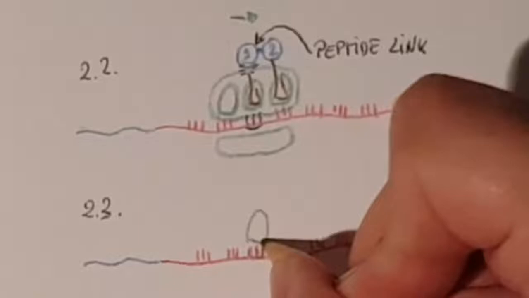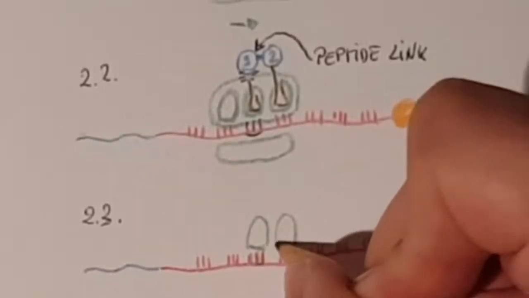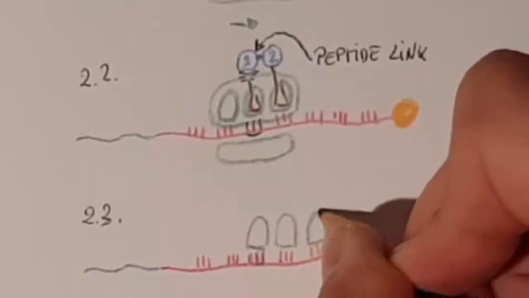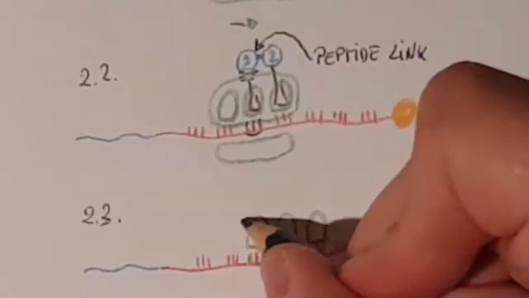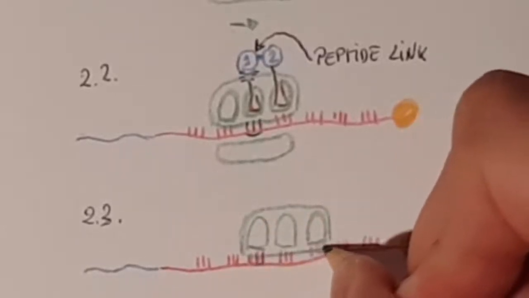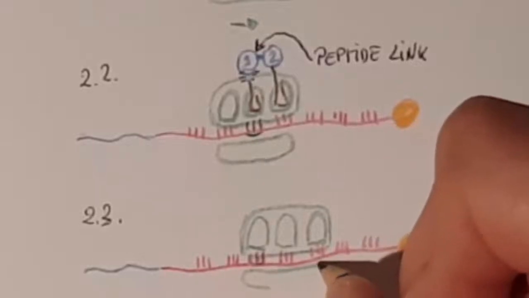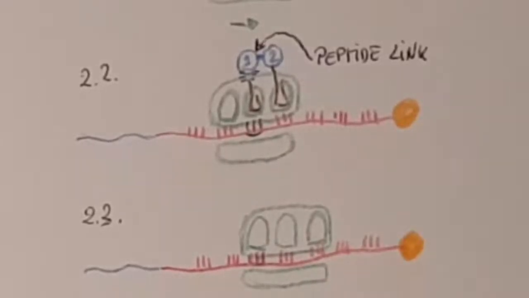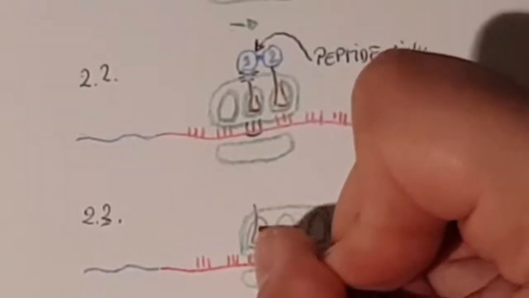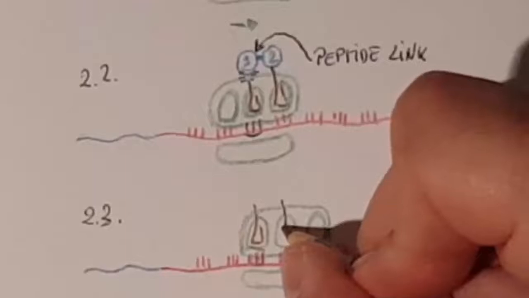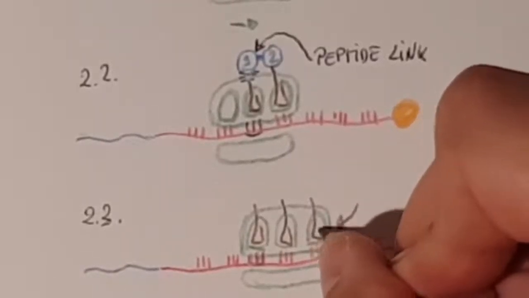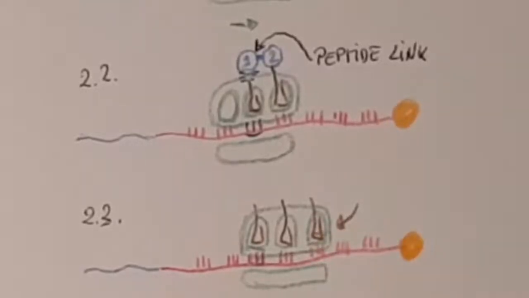So this is going to be the exit site, peptidyl site and amino acid site. This is going to be the big subunit, small subunit, and now we're going to put our usual suspects. This is going to be tRNA1, this is going to be tRNA2, and then another tRNA is going to come here. That is going to be tRNA3.